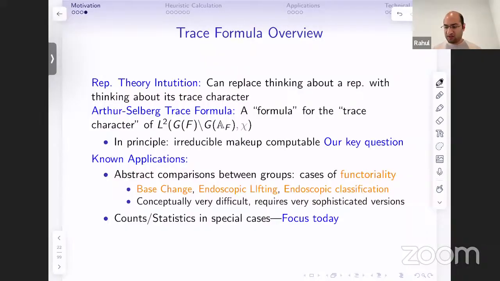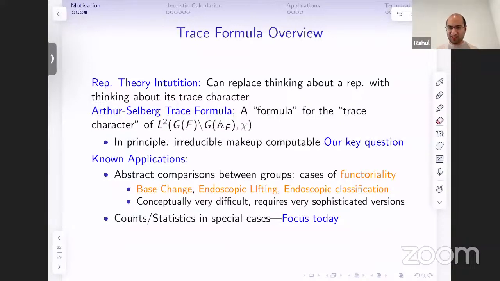Okay, so let's move on to more heuristics about how the trace formula works. The trace formula is one of these things where there's a thing it's trying to be. It's trying to be a formula for this trace character, and there's a thing that it actually ends up being once you put in all the technical details. And it's very easy to get pretty lost if you don't have the heuristic in your head of what it's trying to be.